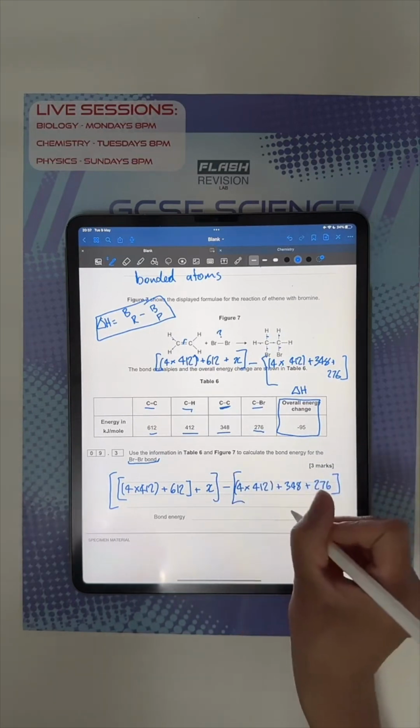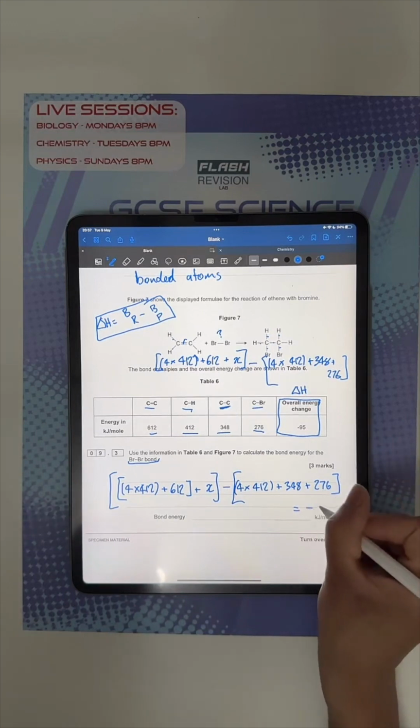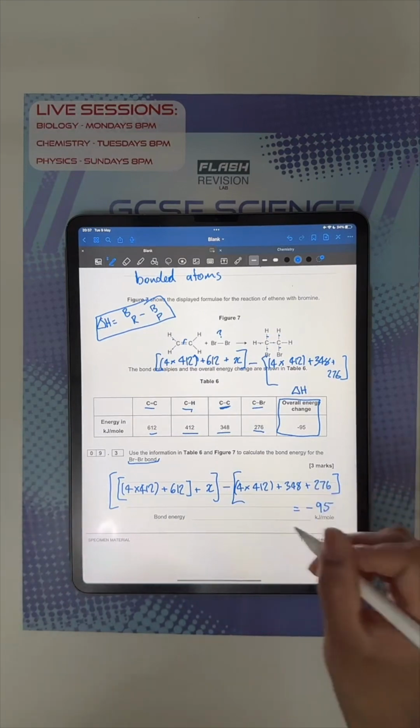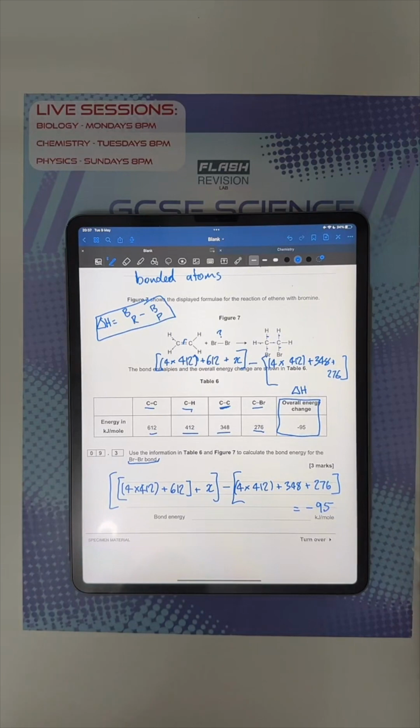And all of that should equal minus 95. So you need to rearrange all of this to try and get X as the subject.